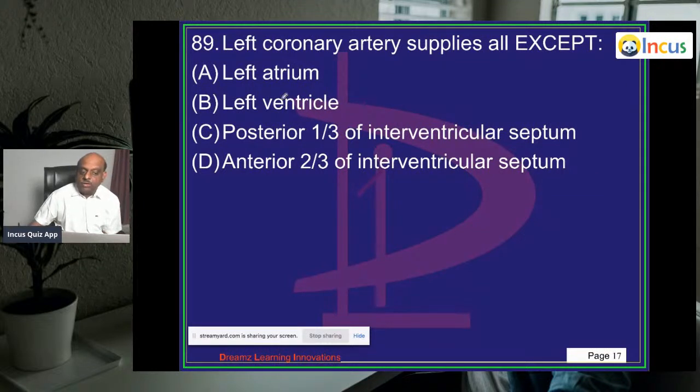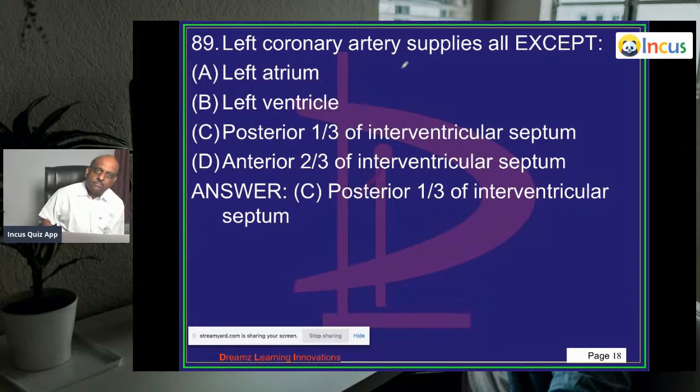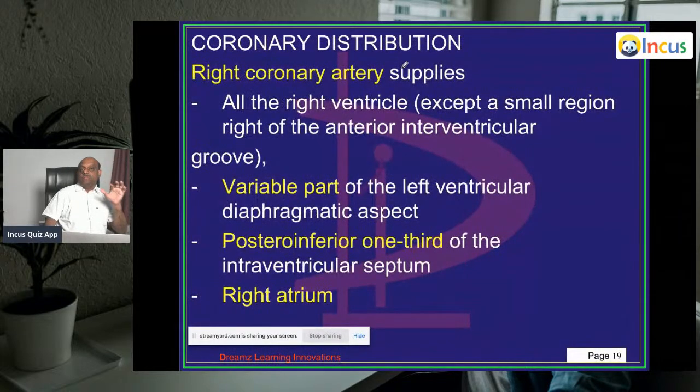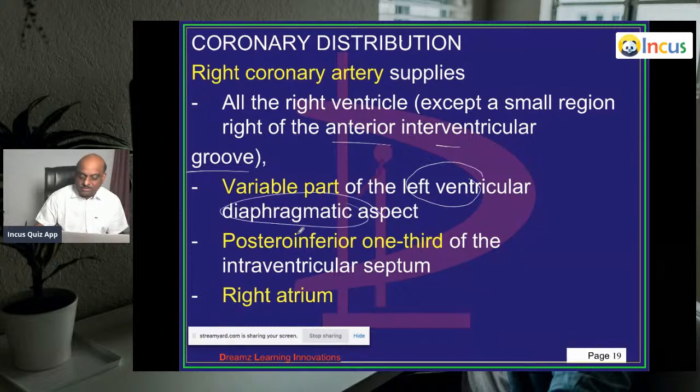So left coronary artery, what does it supply? So this is one of the favorite questions. Left coronary, right coronary, what do they supply? Which part do they supply? Right coronary supplies entire right ventricle, except a small region of the anterior interventricular groove. Similarly, it supplies left ventricular diaphragmatic aspect.